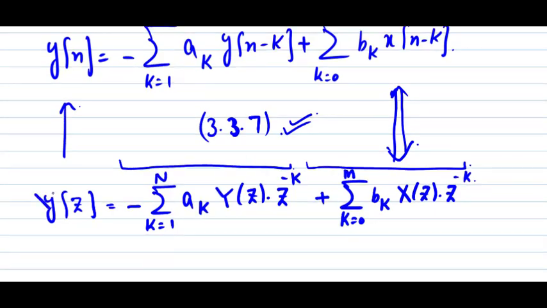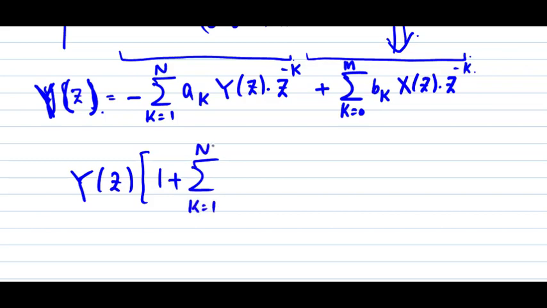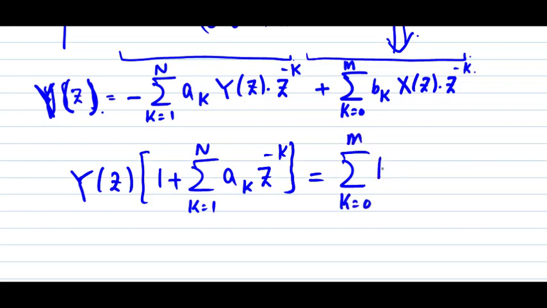We generally write capital Y of z, and it will be like this. If we rearrange this equation, we get Y of z into 1 plus summation k equals 1 to N a k z raised to the power minus k, which will be equal to summation k equals 0 to M b k z raised to the power minus k, and this whole term is multiplied by X of z.